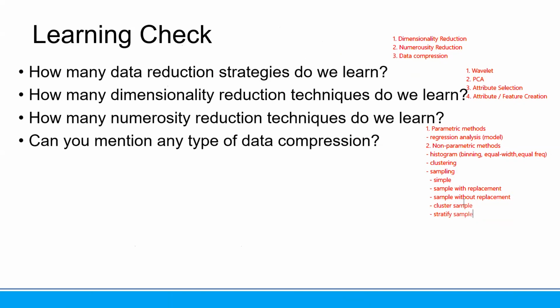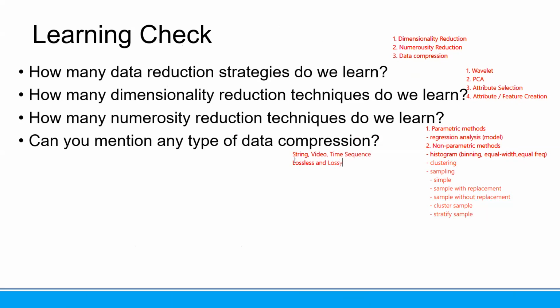Can you mention any type of data compression? So we learn examples about string compression. We learn about video. We know about time sequence data. And there are 2 types of data compression, which are lossless and lossy.